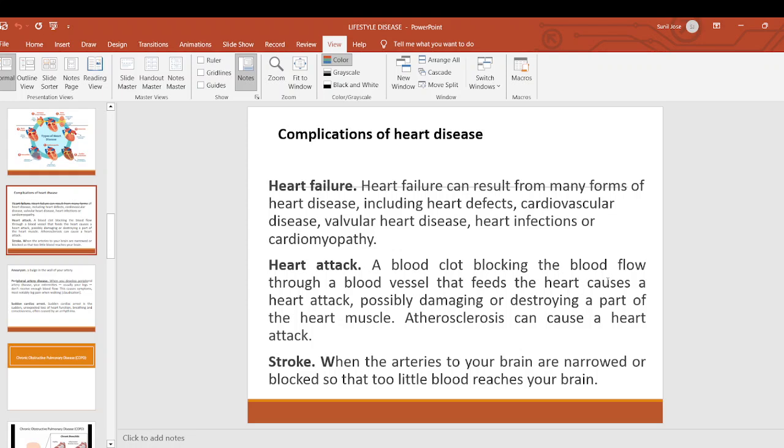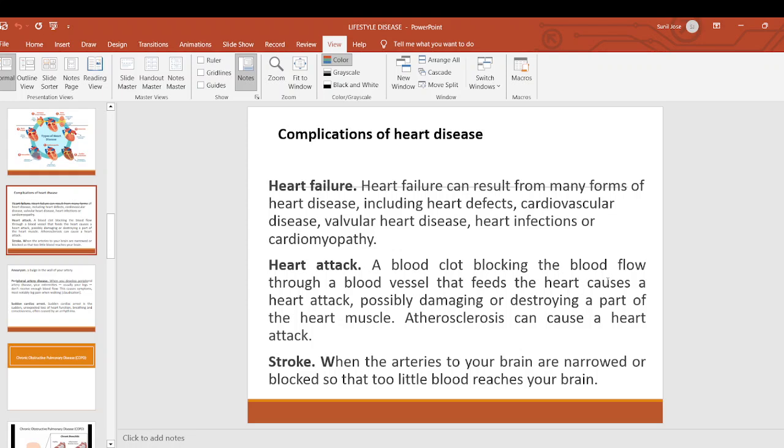When blood is present around the brain cells, they may die, and this situation of death of brain cells is known as a stroke. Sometimes people say that he or she had a stroke.